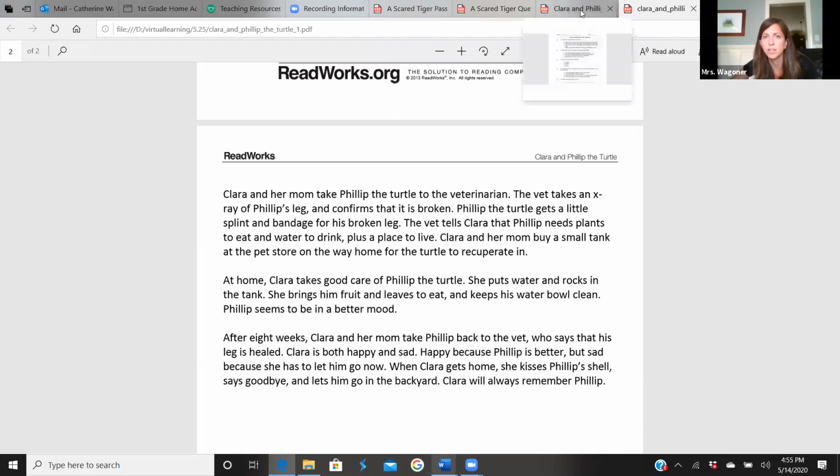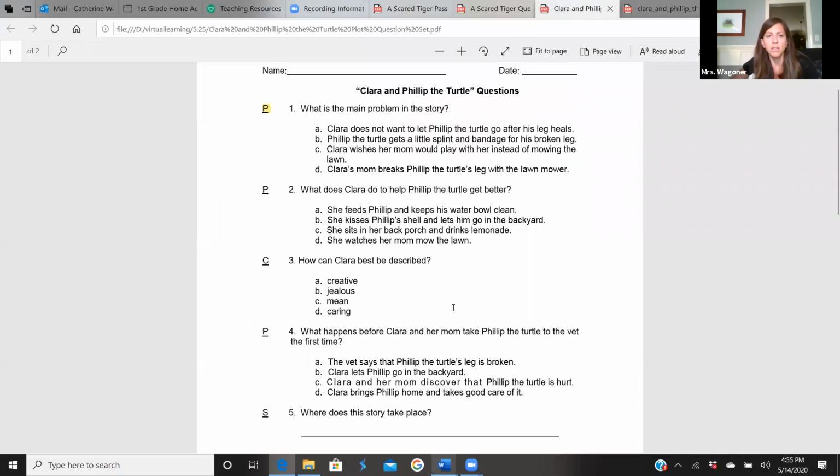All right, let's go to our questions. And these different letters on the side don't mean anything. What is the main problem in the story? A, Clara does not want to let Philip the turtle go after his leg heals.